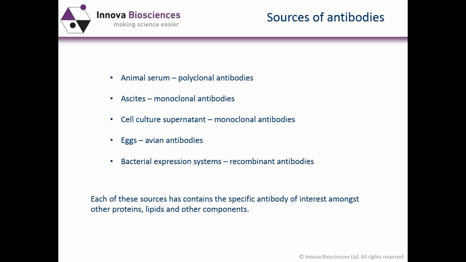The key thing about each of these is that they obviously all have the specific antibody that you're interested in, but that antibody is contained amongst other proteins, other antibodies itself, lipids, etc., and lots of other components. And it's all of those things that you need to purify antibody away from, and that's what we'll be talking about today as we go through this.